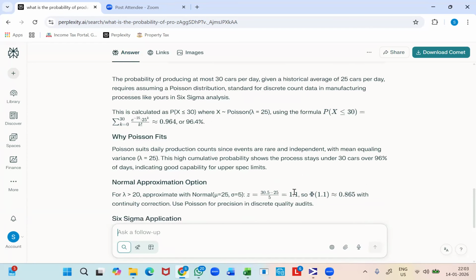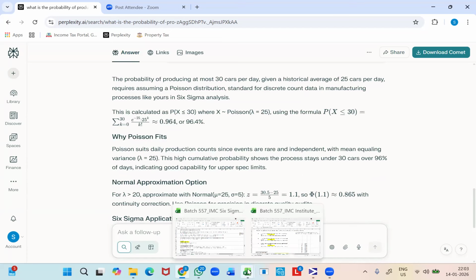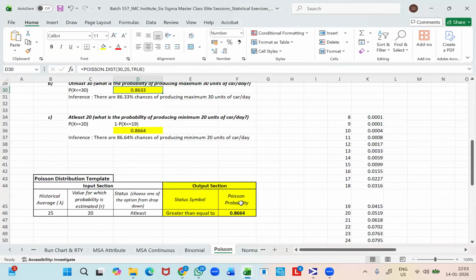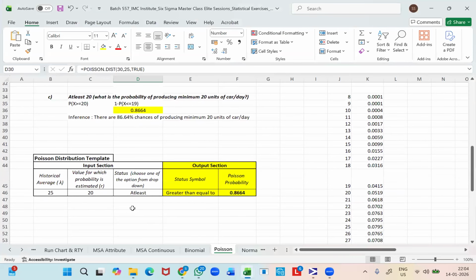So we still have a long way to go as far as usage of AI tool is concerned with regard to the statistical exercises. Slightly risky. So that's why I don't recommend usage of AI tool in the final assessment. Always go for this template. Fine, so this is how we will solve the binomial and Poisson distribution exercises.